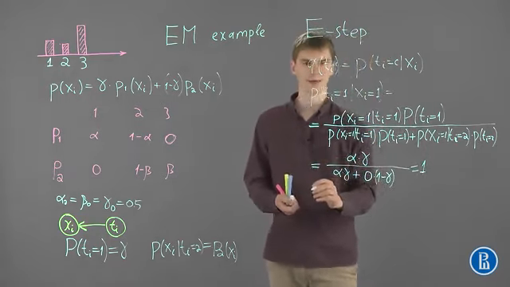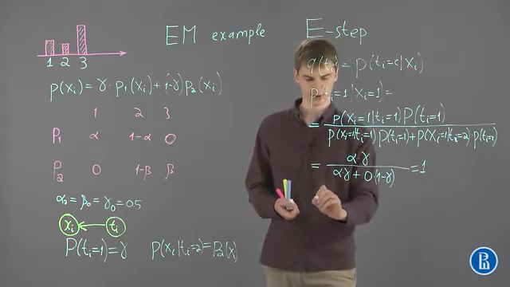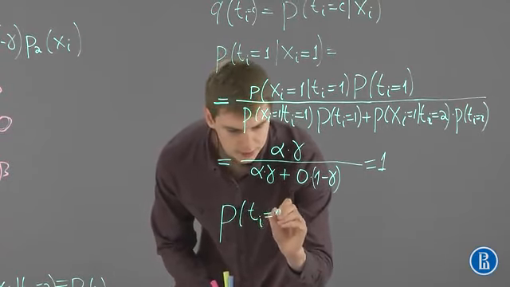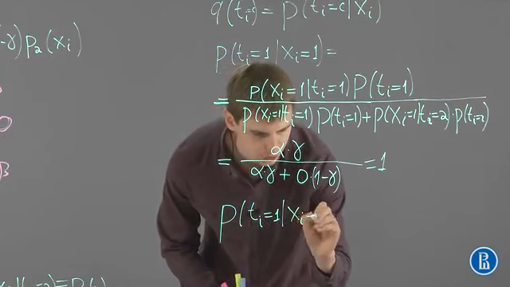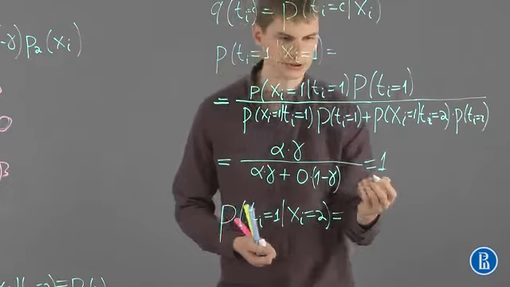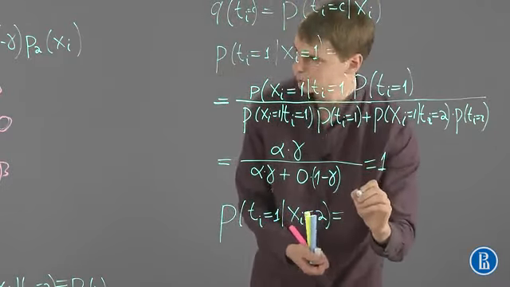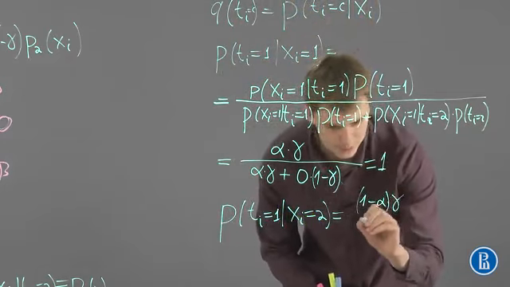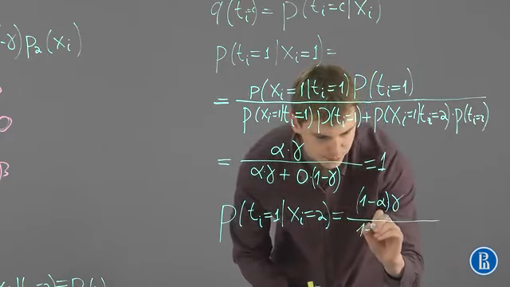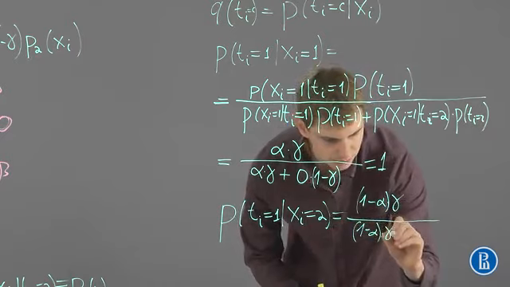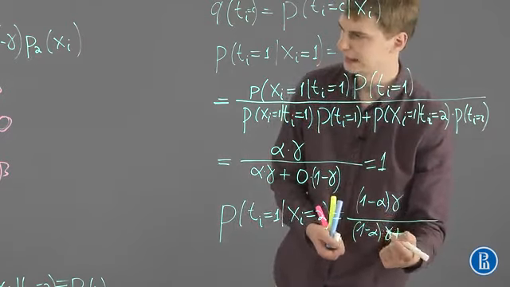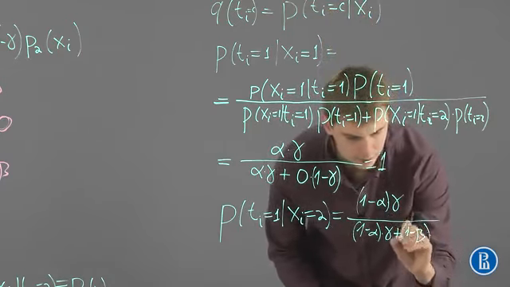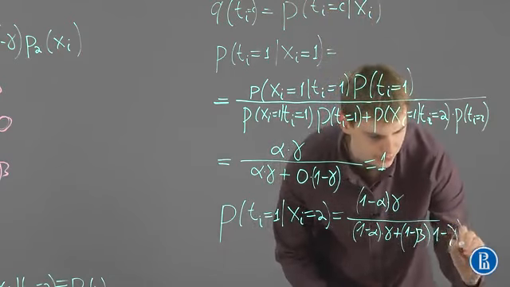We can compute the same thing for other values of ti and xi. So P of, for example, ti equals 1 given xi equals 2 will be, using the same reasoning, the conditional distribution, which is 1 minus alpha, times the prior distribution, which is gamma, divided by the same thing, 1 minus alpha times gamma, plus the same thing assuming that this data point came from the second component of the mixture, so 1 minus beta, times 1 minus gamma, the prior for the second component.